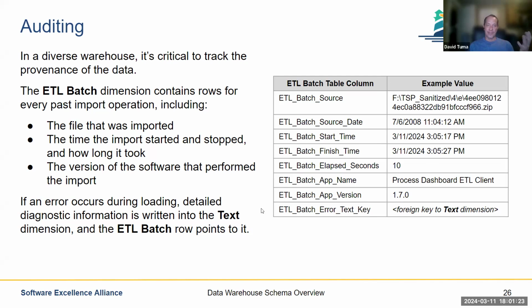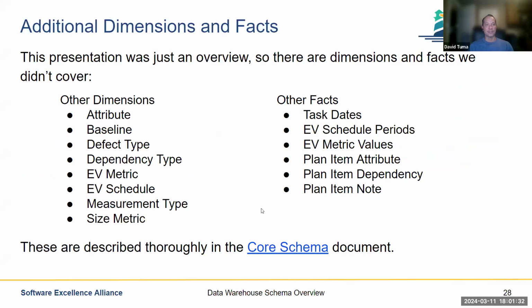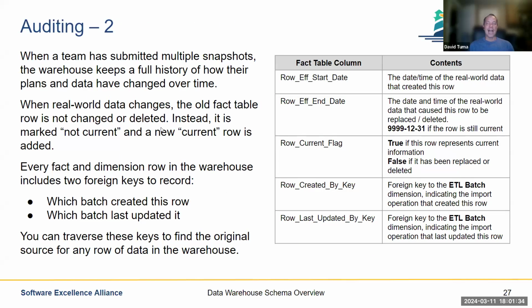So that's the first part: this is the dimension that captures different things that got imported into the warehouse. And then the second part is how this plays out in terms of the fact tables themselves. So when a team submits multiple snapshots over time, like at the beginning of the project and every week, maybe at the end of their project, the warehouse keeps a full history of how their plans and data have changed over time.